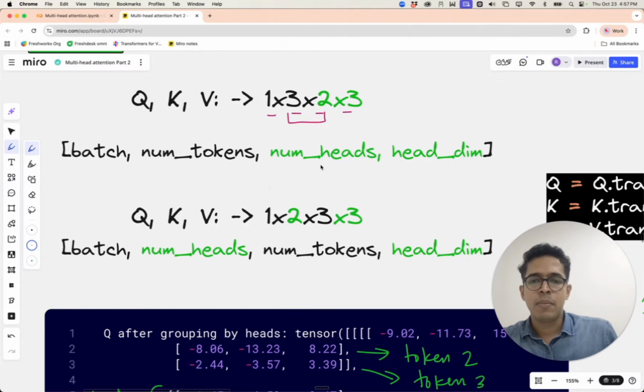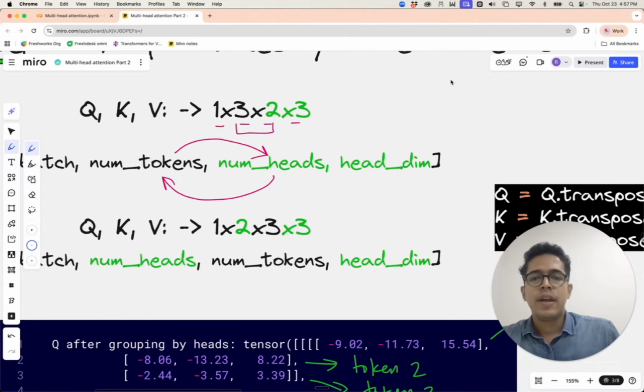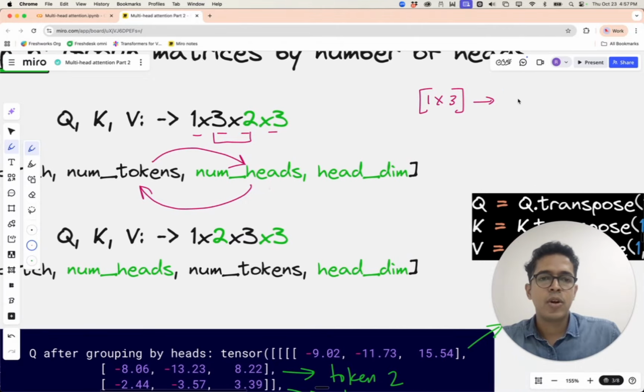So number of heads should come here. Number of tokens should go here. Now, if we have a matrix of dimension 1 by 3, and if I want to make this 3 come here and 1 go here, this should become 3 by 1. What is this called? This is called transpose.